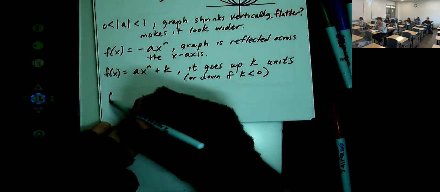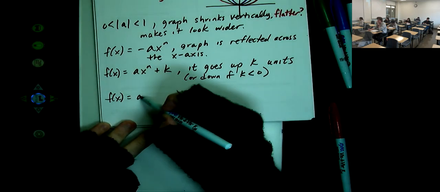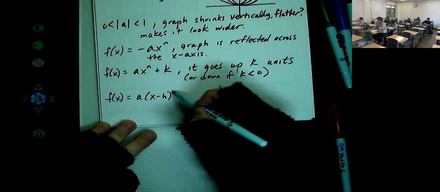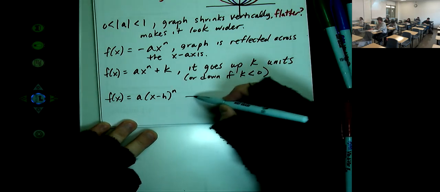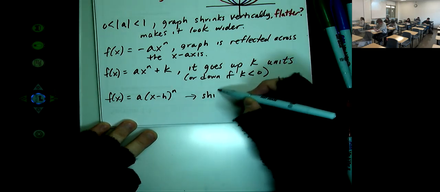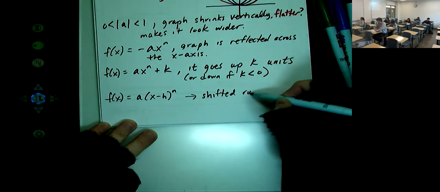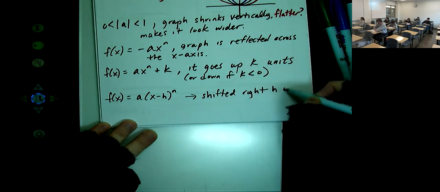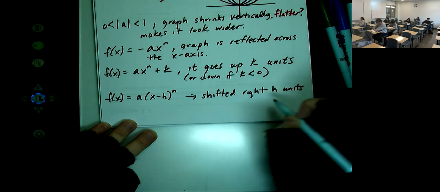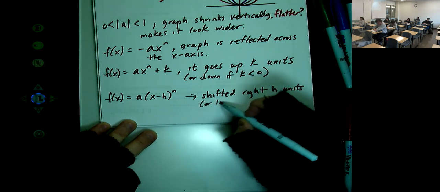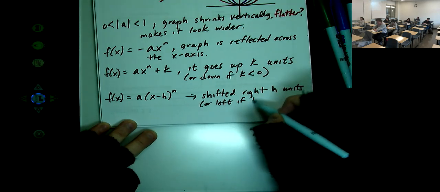Then we have the option of a times x minus h to the n. It's shifted right h units, the entire graph, or left if h is less than 0.